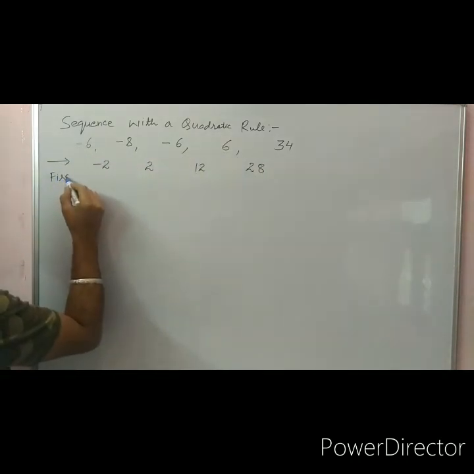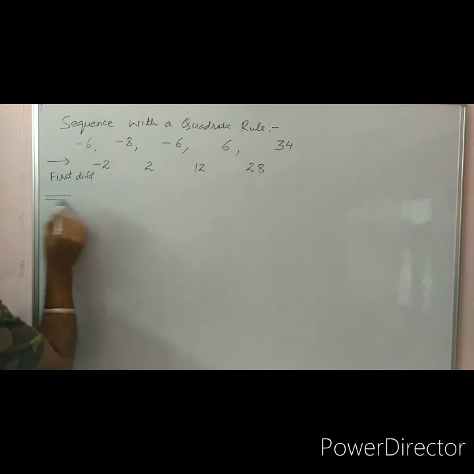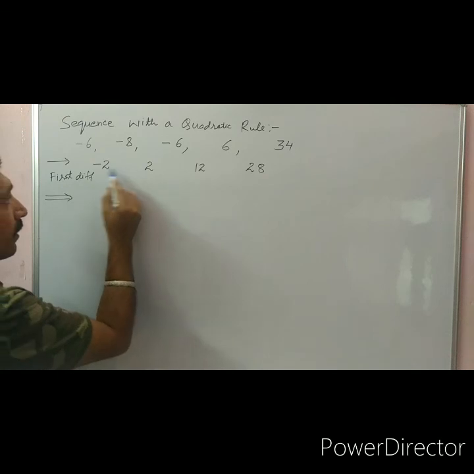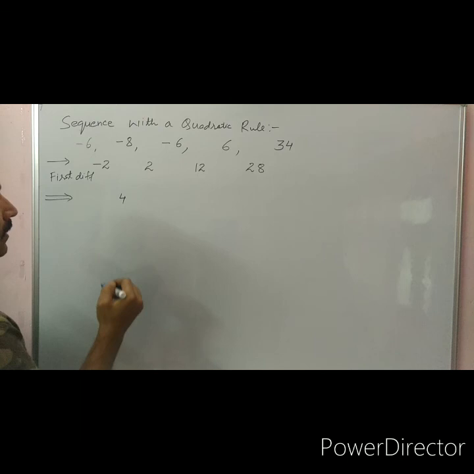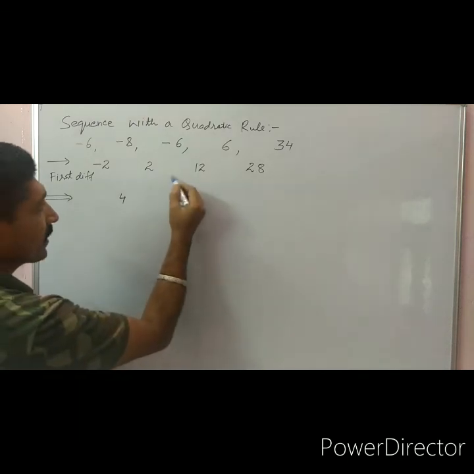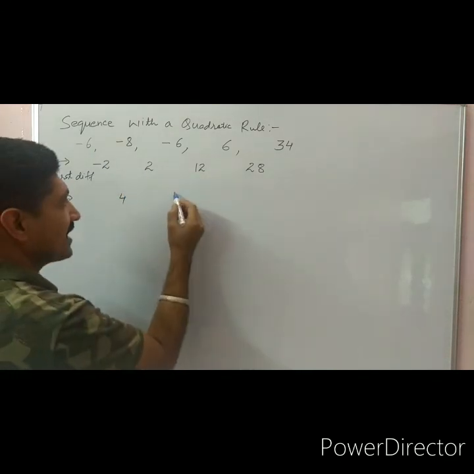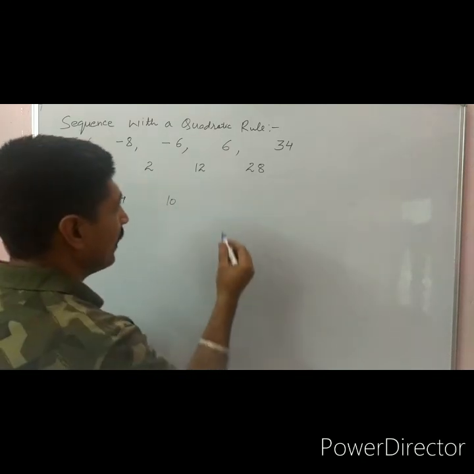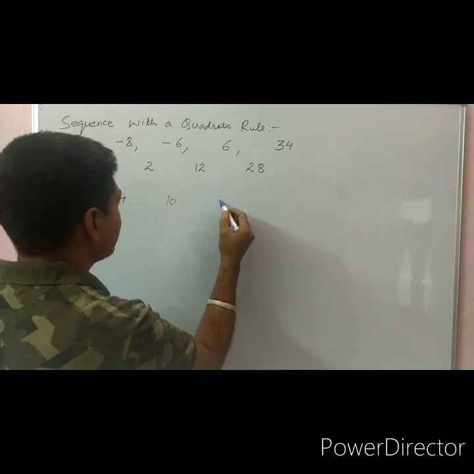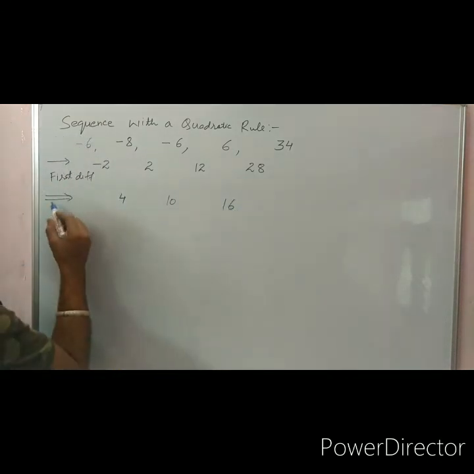Now the second difference: 2 minus of minus 2, that is 4; the next difference is 10; and 28 minus 12, that is 16. So that is the second difference.